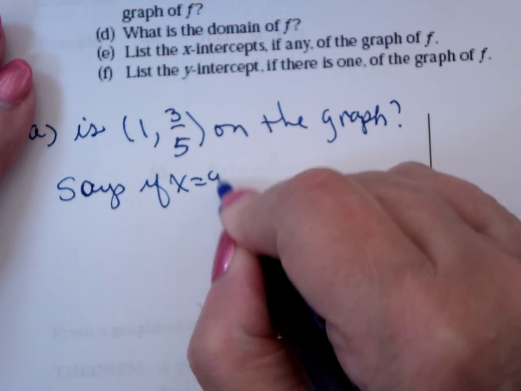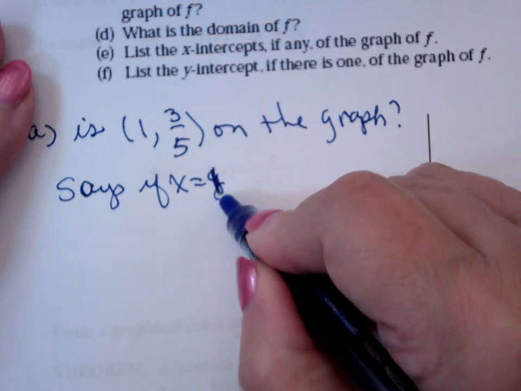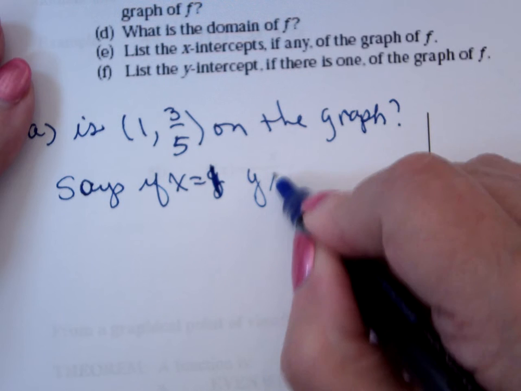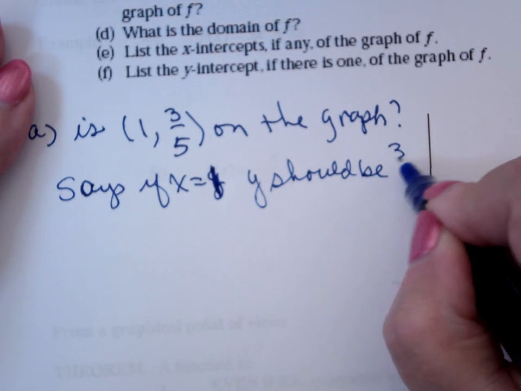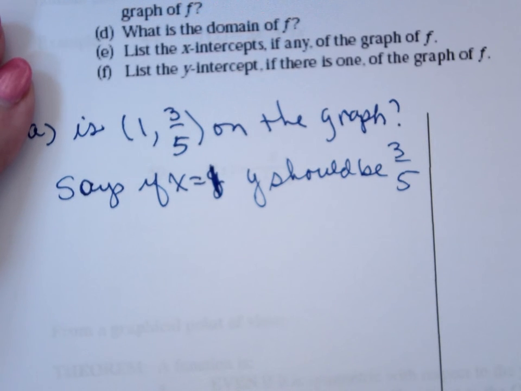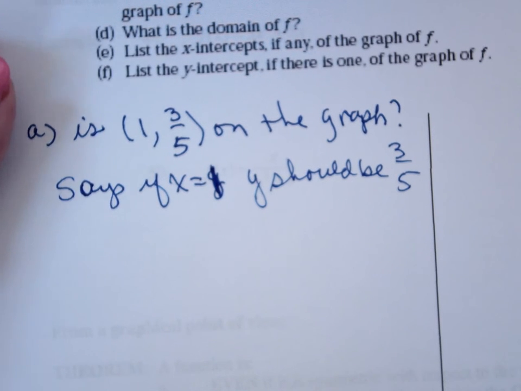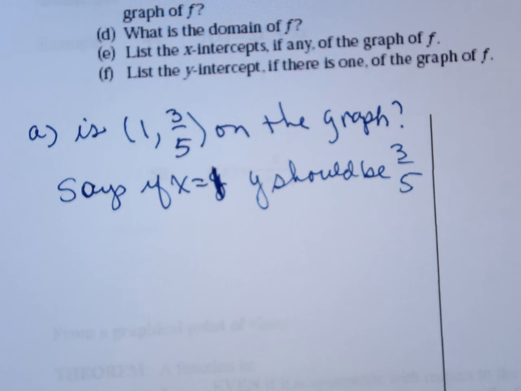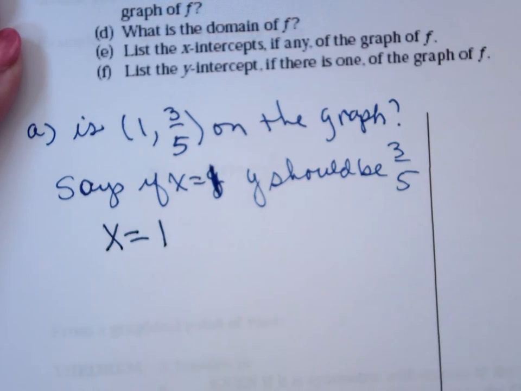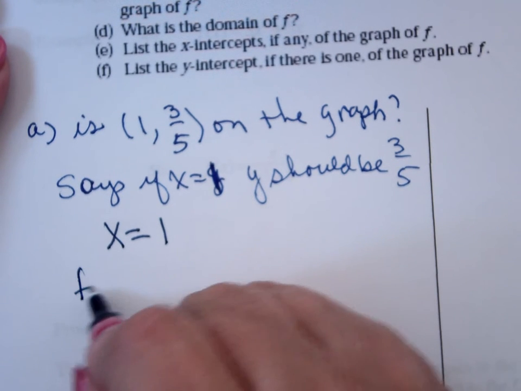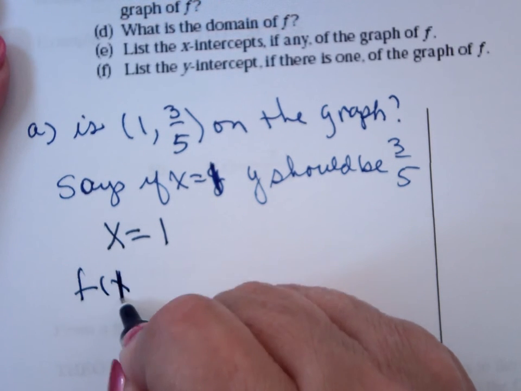if x equals 1, y should be 3/5. Plug in x, get out y. Well, if x equals 1, I'm looking now for f of 1.